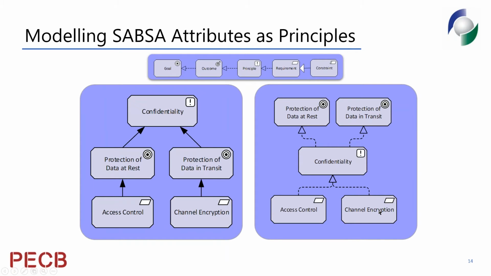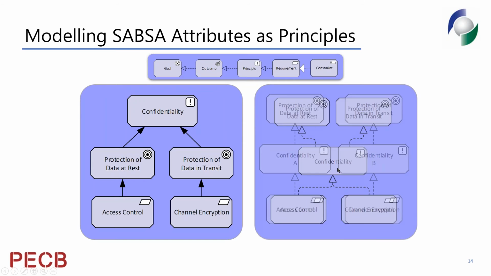And again, you might be able to separate those out in diagrams, but in the underlying model, the fact that we've created a hub node there means that if you try and parse the model, you can't tell the difference between access control being a means of applying confidentiality to data at rest any better than data in transit. And it's wrong. I mean, obviously, channel encryption goes with data in transit, access control goes with data at rest. We can't create these kind of hubs without destroying that associativity.